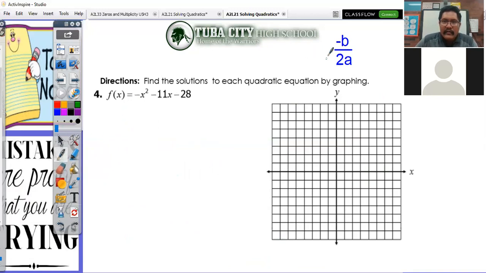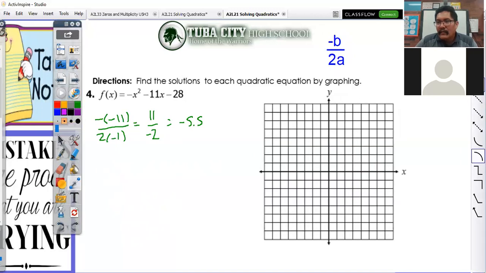So using our formula, this is the opposite of negative 11, so that would make a double negative over 2 times negative 1. In this case, this would be 11 over negative 2, which would actually make our axis of symmetry at negative 5.5.